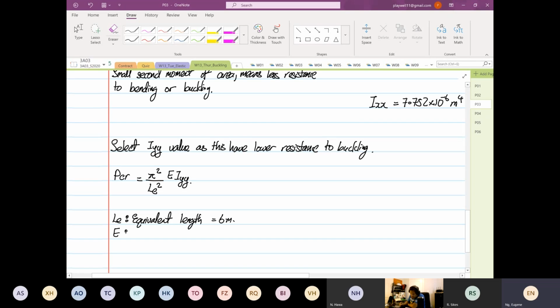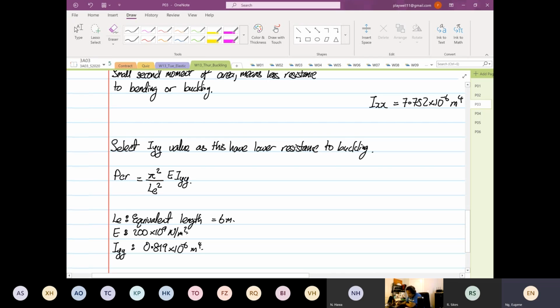E, we know that Young's modulus is 200 times 10 to the power 9. And we know that we are going to use IYY, which is equal to 0.819 times 10 to the power minus 6 meter to the power 4.